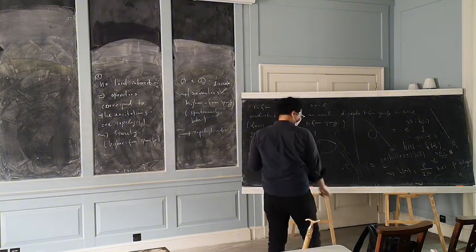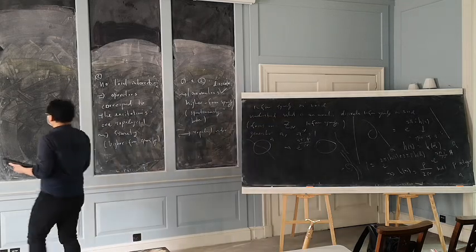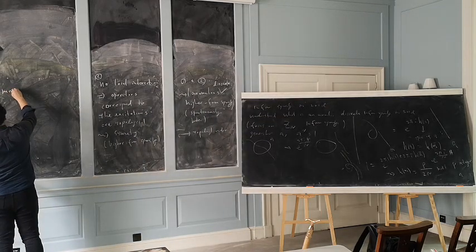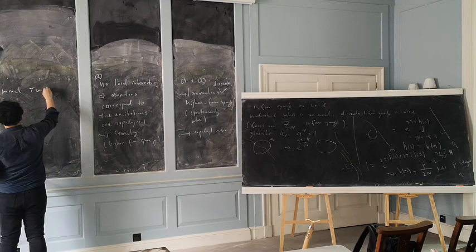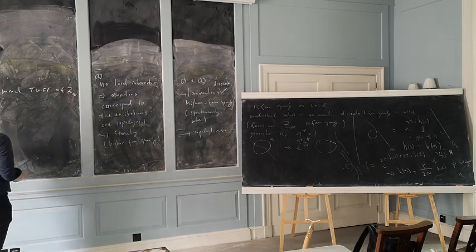This is the so-called minimal TQFT for Zn. So it's a theory of n particles.